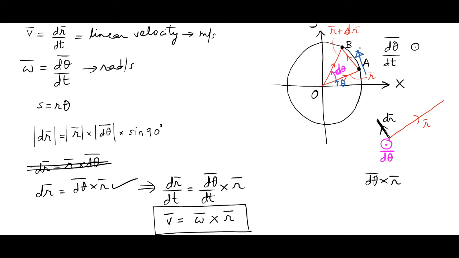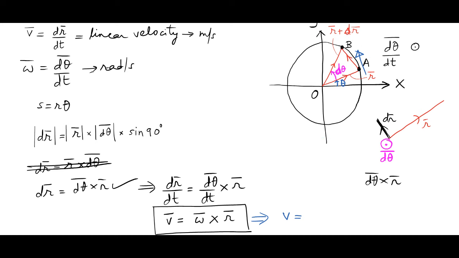And once you begin to write this as a scalar relation, then on the left hand side you write v. So v is the scalar component of the velocity in the direction of this blue arrow, and that's equal to, now omega bar, you're going to again treat that direction of omega bar as the conventional positive, which is consistent with the motion of the particle in the anticlockwise direction.